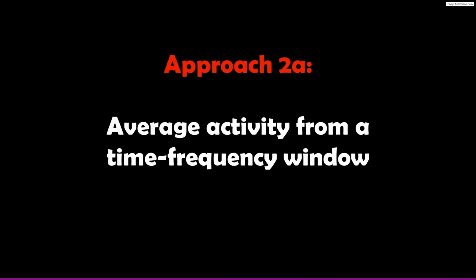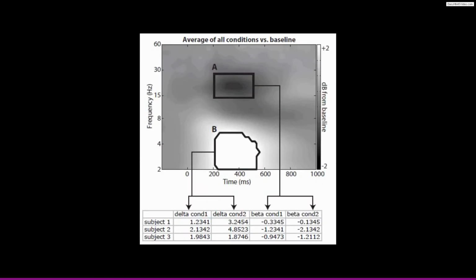Then the next two approaches are kind of related, so I broke it into approach 2A and 2B. 2A is where we take a time frequency window and we average the activity within that window. So it would look like this. Imagine this plot is a time frequency power plot, and this would be the average of all the conditions versus baseline.